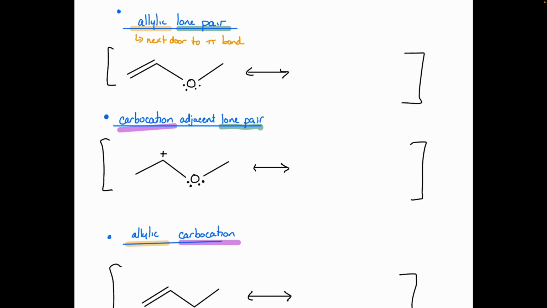So for our allylic lone pair, you might want to note that this one is going to have 2 electron pushing arrows. Each of these other ones just has 1 electron pushing arrow. Kind of helpful to keep in mind.